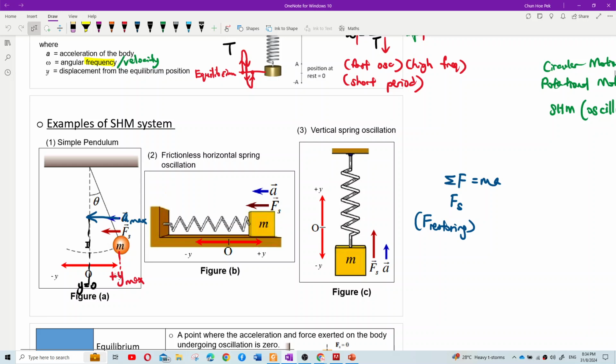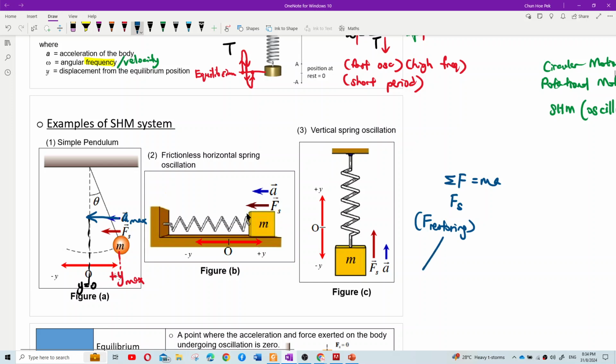Of course, the more the object goes to the right, the more the object wants to go back to equilibrium. Because of gravity. Gravity wants to bring this mass back to equilibrium. That's what is called restoring force. This restoring force is actually a component of the gravity. But for a spring, the restoring force is the force in the spring.